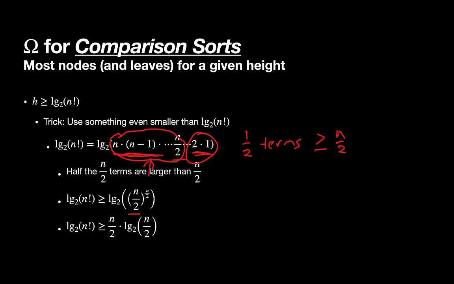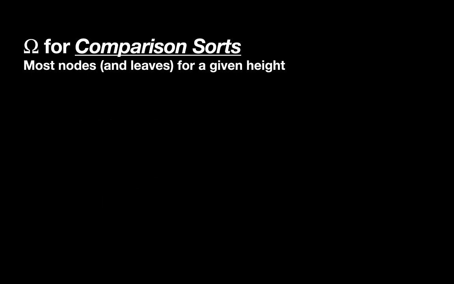Okay, now we can put all of this together. We've already established that the height will be equal to or greater than log base 2 of n factorial, so the number of decisions we have to make has to exceed that. And now we've established that log base 2 of n factorial is greater than or equal to n over 2 times log base 2 of n over 2.